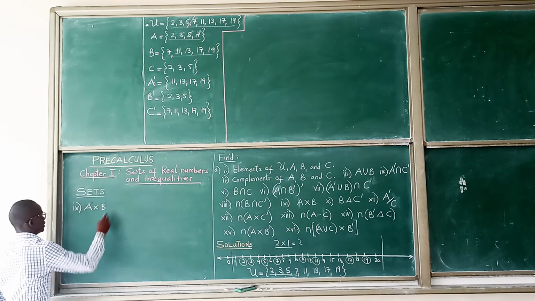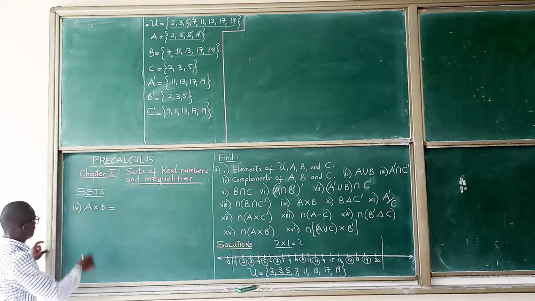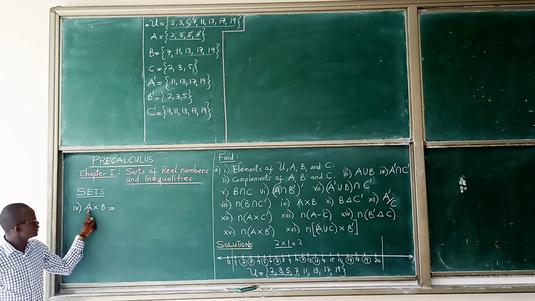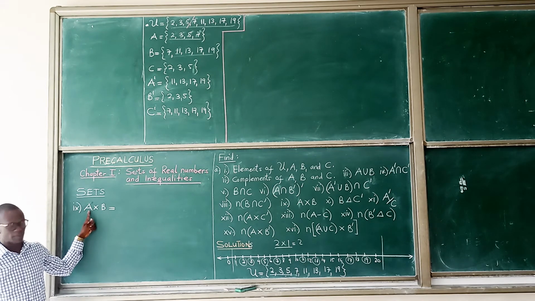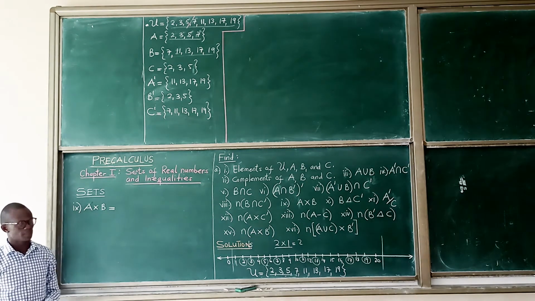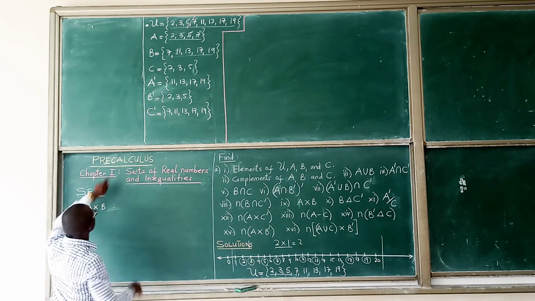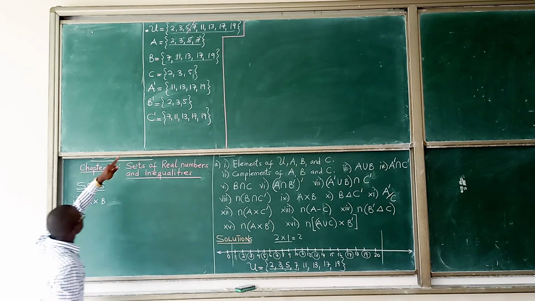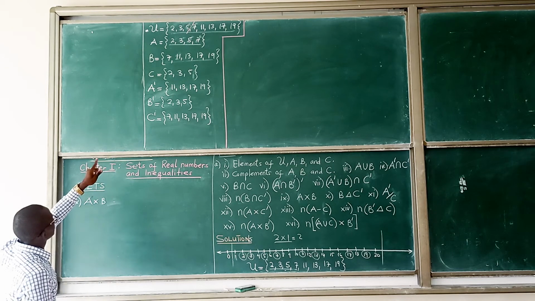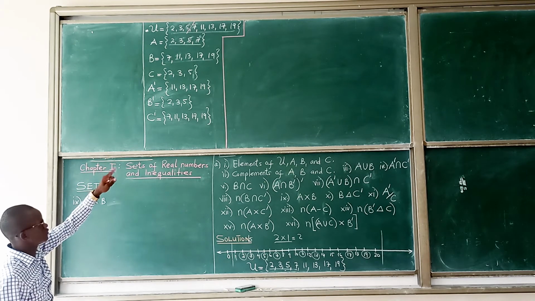If we are finding the cross product of two sets, if it is A cross B, A should be representing the first element within the ordered pair, and B should represent the second element in the ordered pair. So now we have set A to be 2, 3, 5, and 7, and set B is 7, 11, 13, 17, and 19.